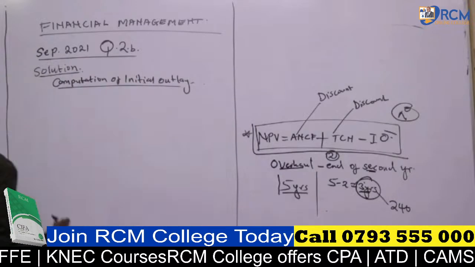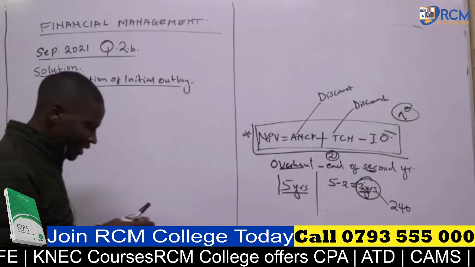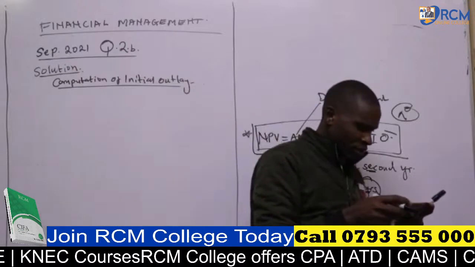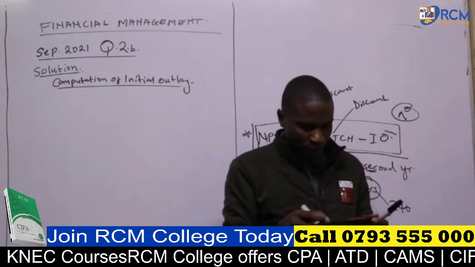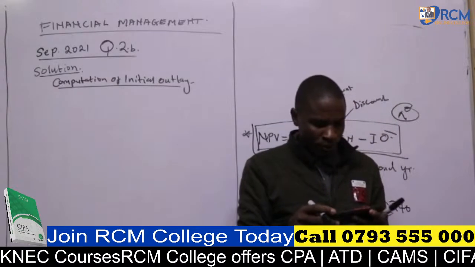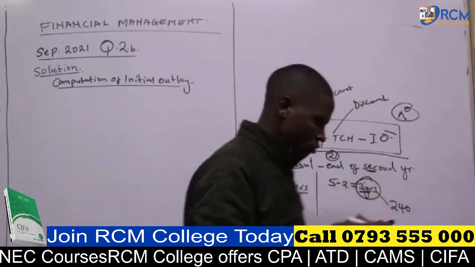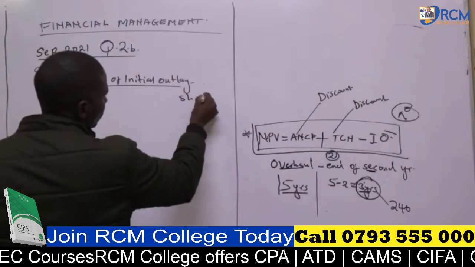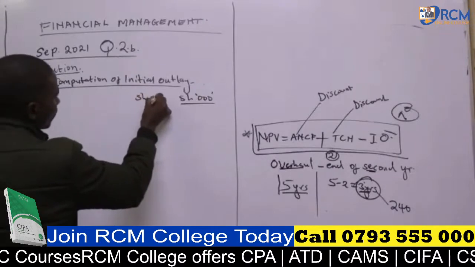So I can start with the initial outlay. For the initial outlay, these shillings, I can see we are given, they are millions. So I can eliminate 3 zeros so that I can say shillings in thousand.